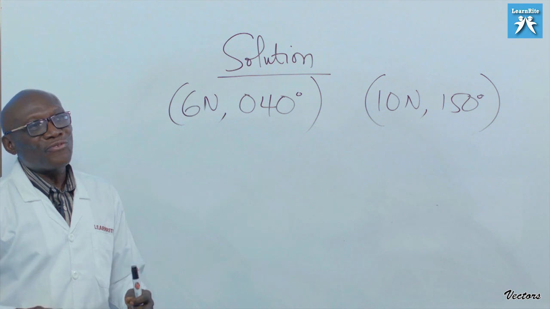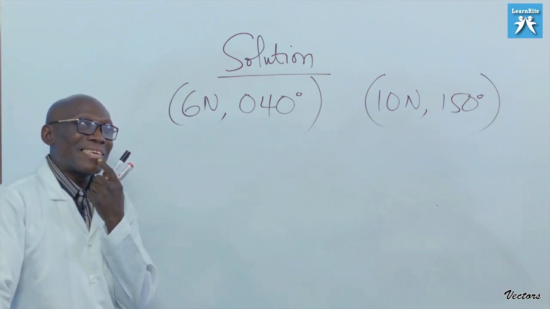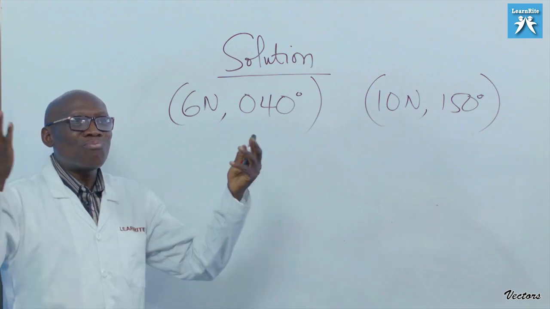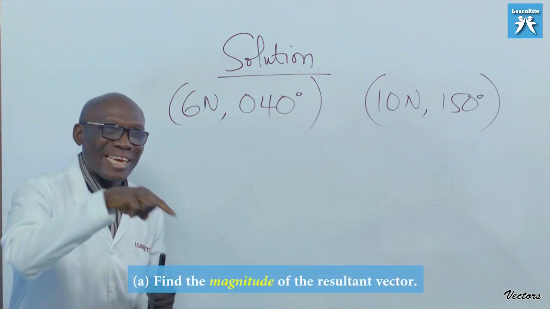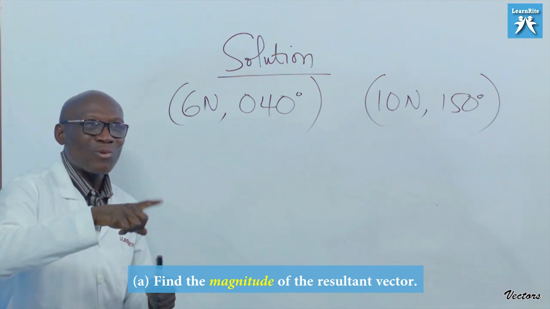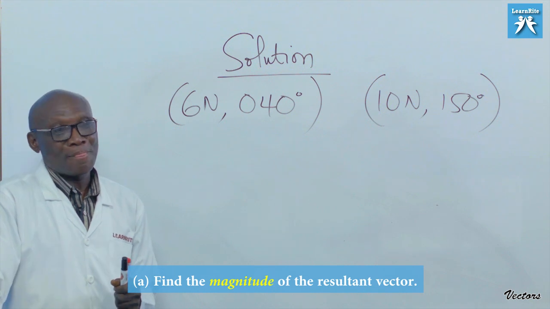And we are supposed to find, first of all, the resultant vector. In other words, when you put them together, what will you get? And what you will get is what we are calling the resultant vector.